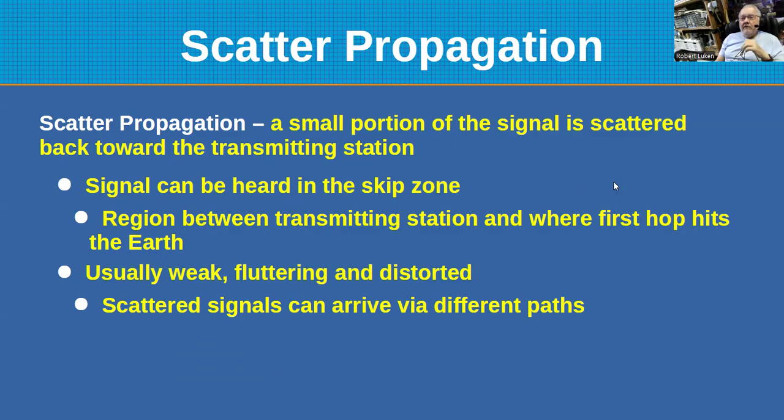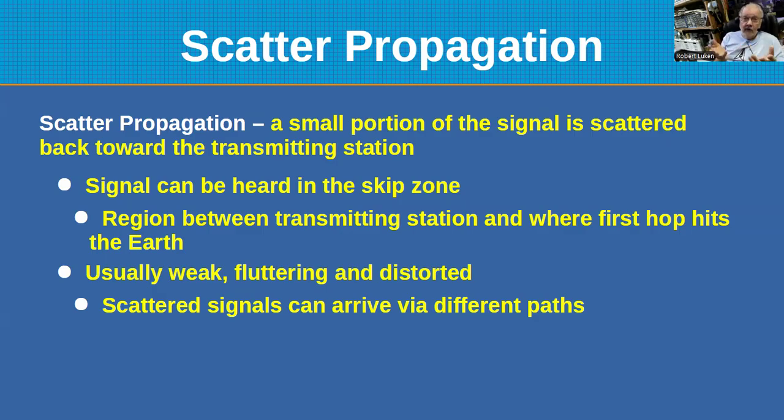We mentioned scatter. In the lower ionosphere and atmosphere, there are particles, molecules and dust particles, and the normal junk that's up there, water molecules. Those can actually scatter a signal. It can reflect off of those particles in all different directions.